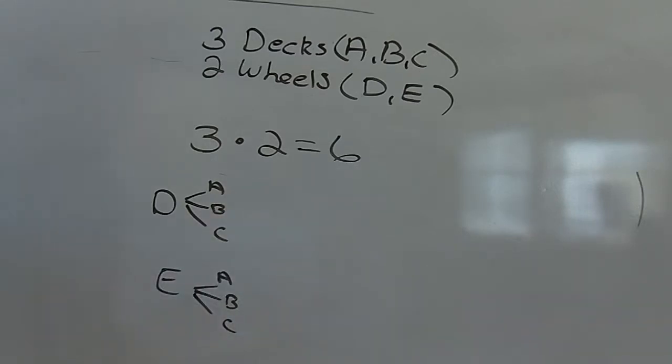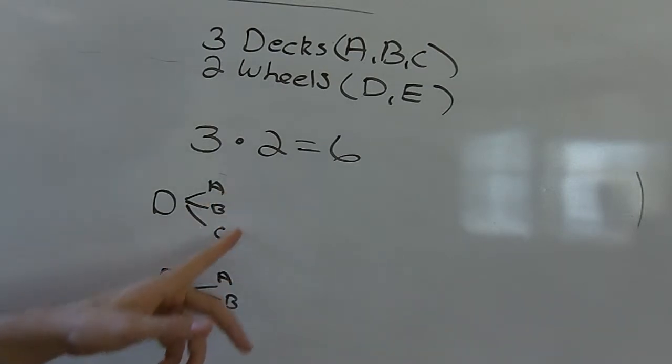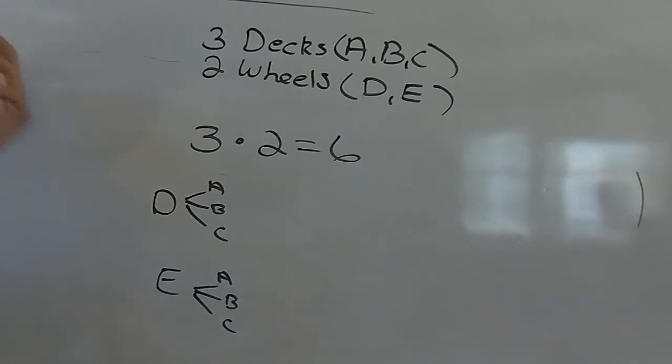And if you take a look at it, each wheel has 3 outcomes each. So basically, if you just did 3 plus 3, 3 for the first wheel, 3 for the second wheel, because there's 3 outcomes for each wheel, now you've got your total number of outcomes.